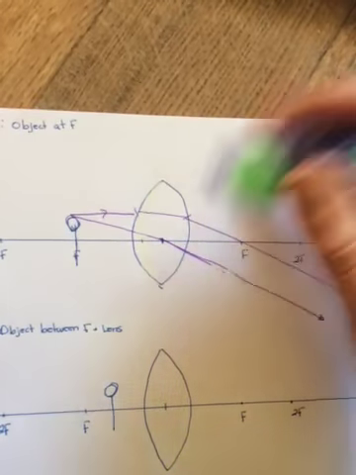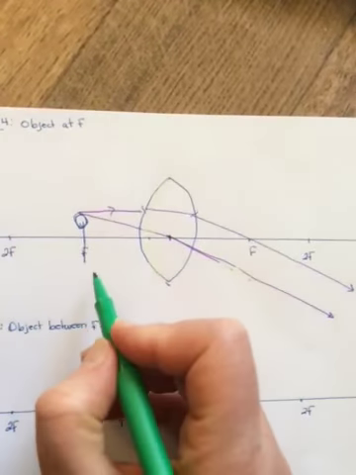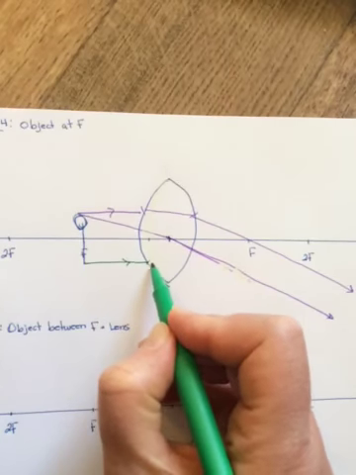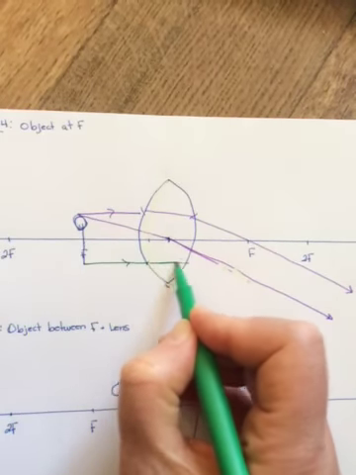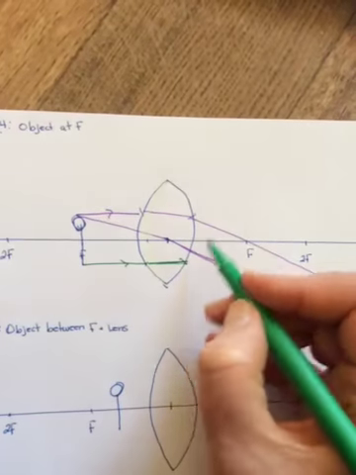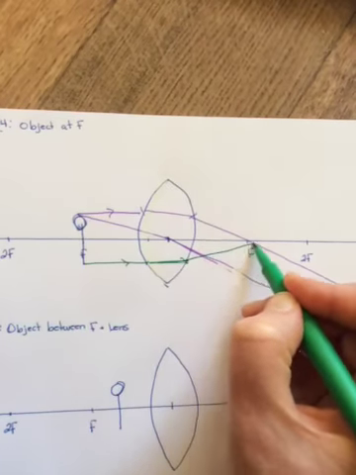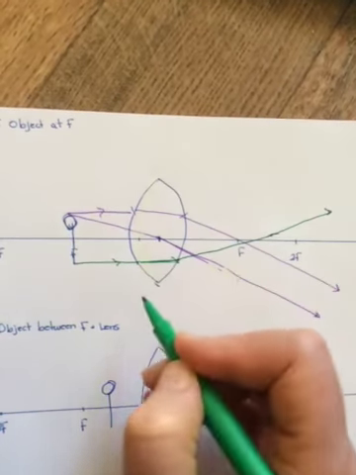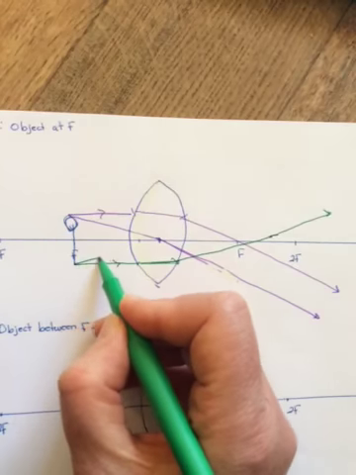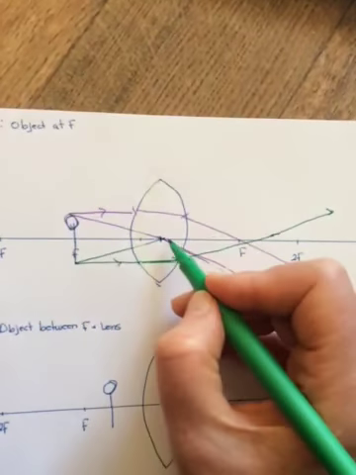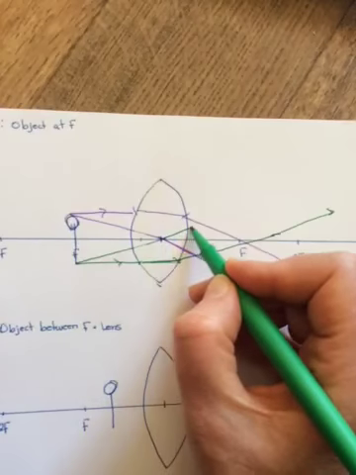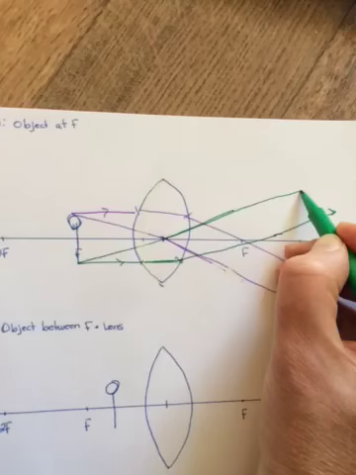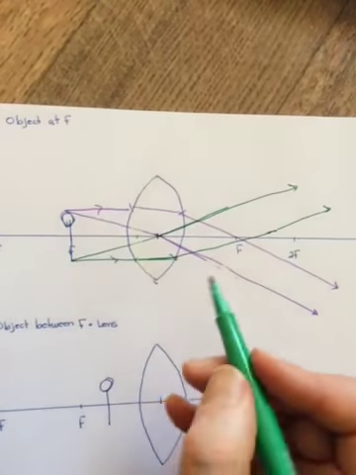Alright, I have to use the same two from the bottom. A ray going in parallel to the principal axis is going to get bent up so that it comes out through F on the opposite side of the lens, and a ray that goes in through the optical center doesn't bend, and goes straight.